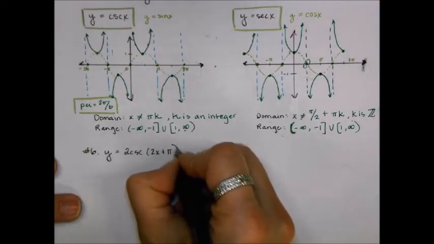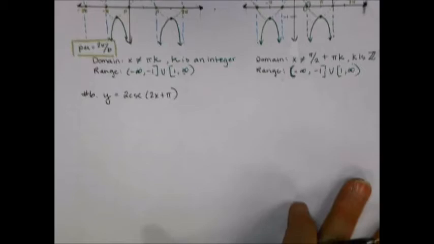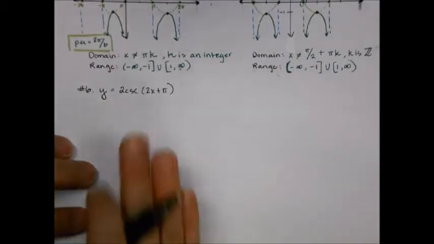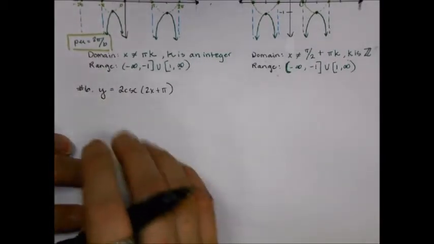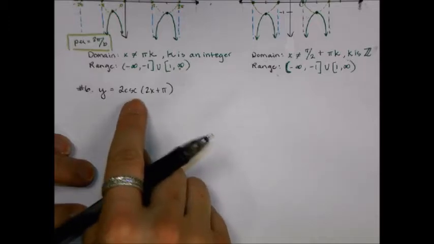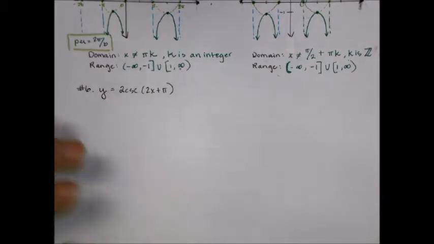Okay, so just like we did with sine and cosine, we're going to factor out this 2 and write out our values for amplitude, period, and any translation that we have here for the graph. But I also want to remember that I'm basing this on the graph of sine.